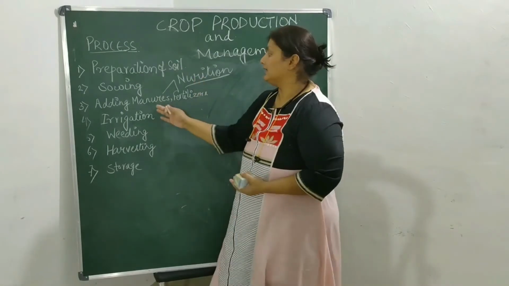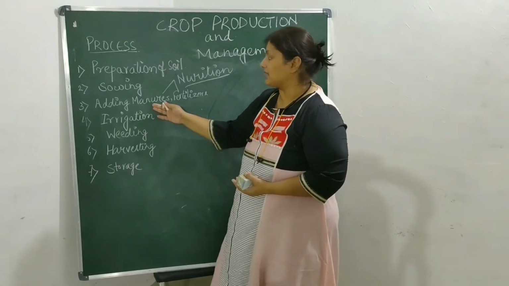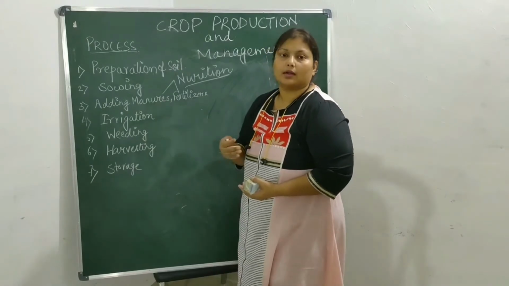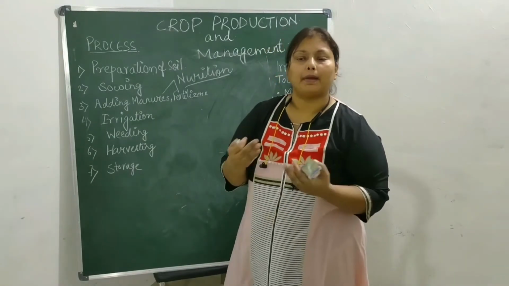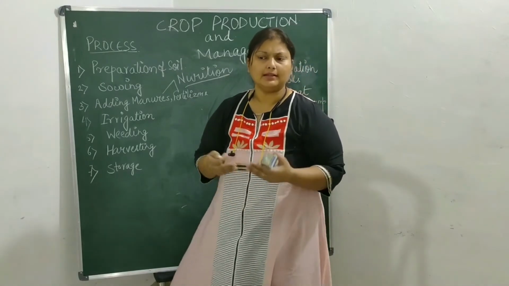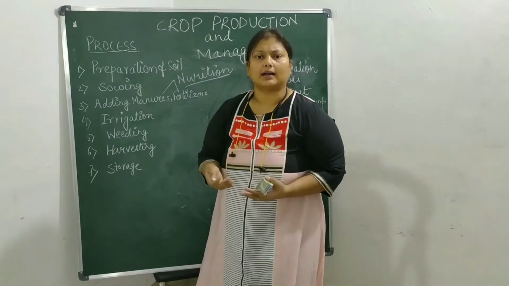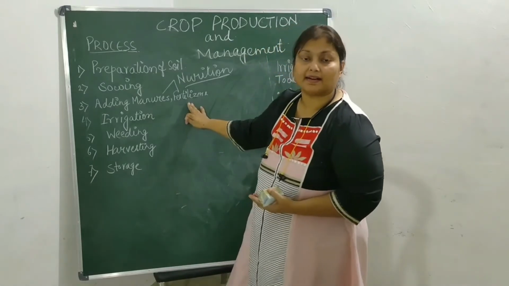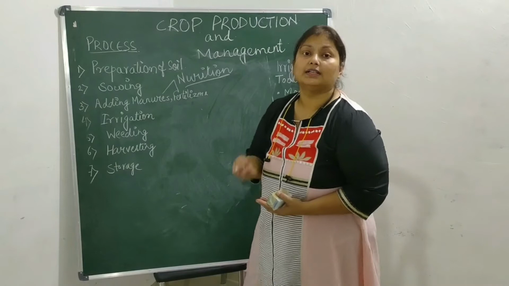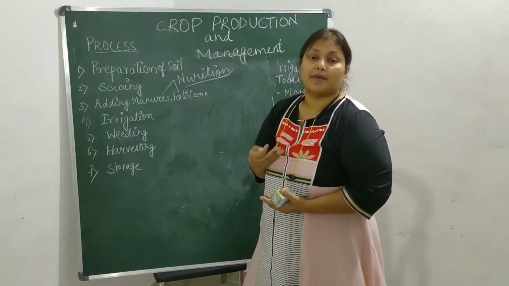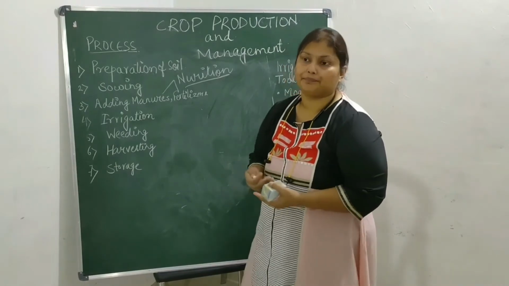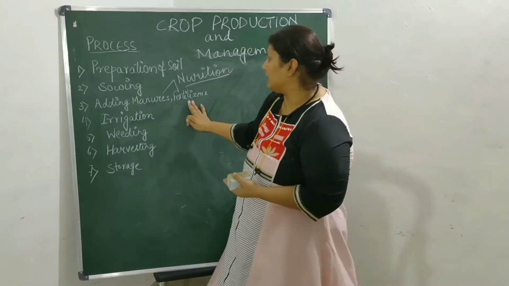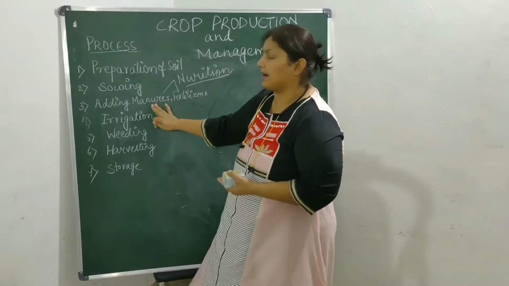Nature made it. So what substances make manure? Animal waste, plant waste, insects, bacteria, these are manure. And what is a fertilizer? A fertilizer is an artificial, synthetic substance made in a factory. So this is a fertilizer and this is manure.